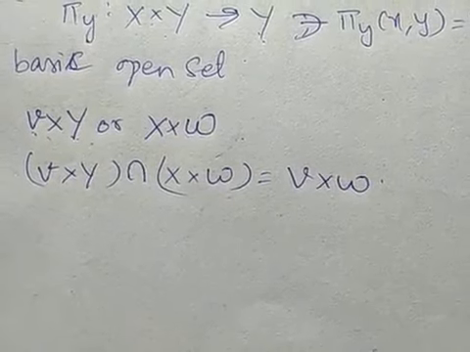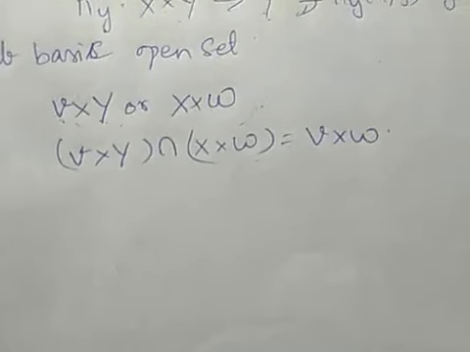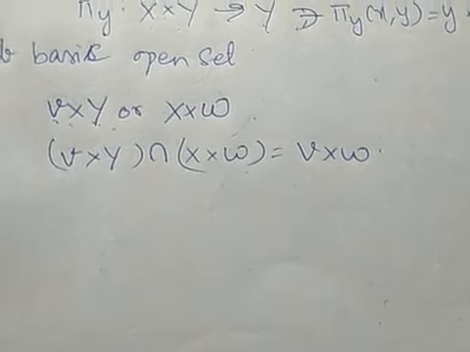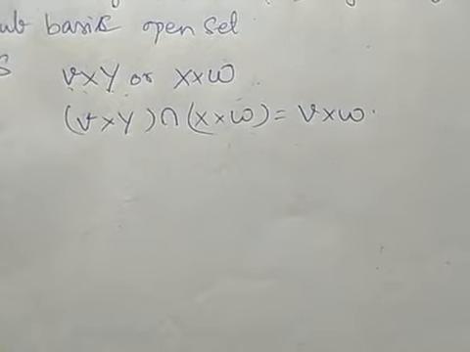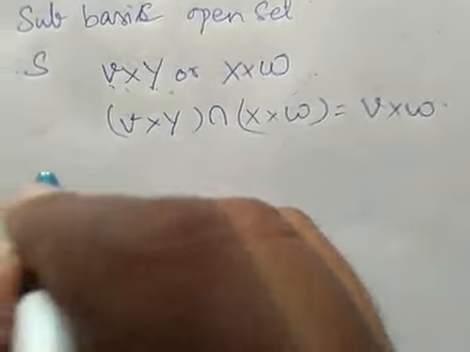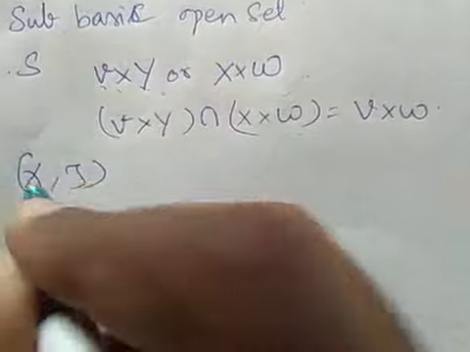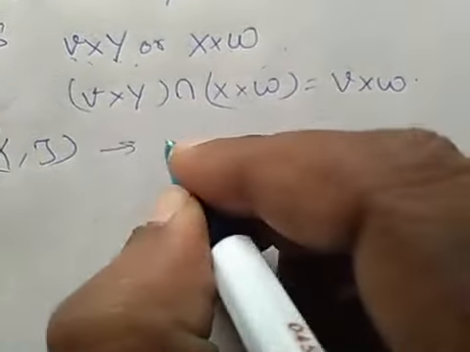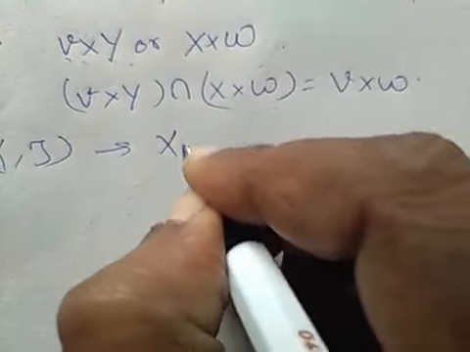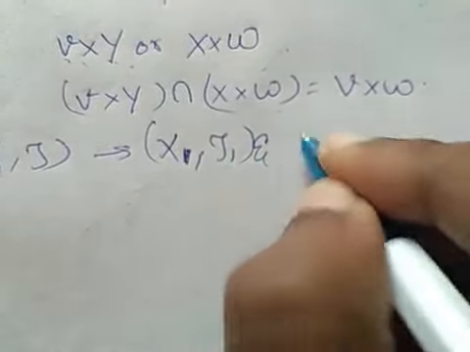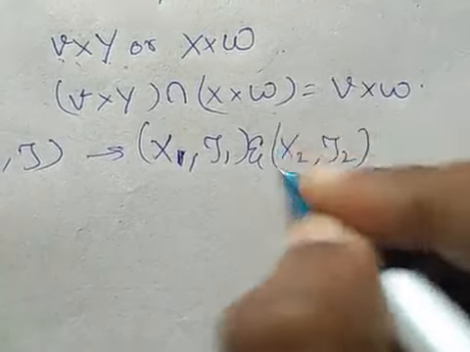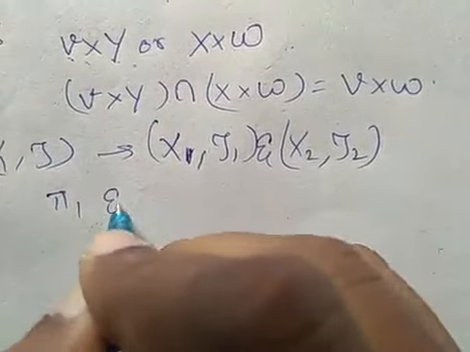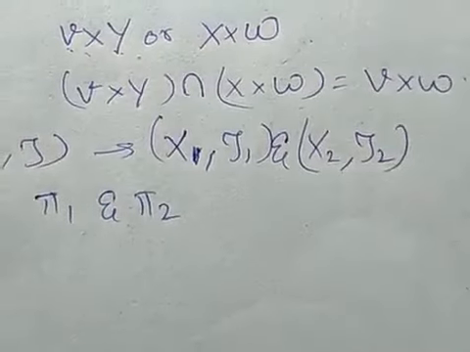Now we will prove some theorem on projection mapping. The first theorem is: if (X, tau) is the product space of the topological spaces (X1, tau 1) and (X2, tau 2), then the projection mappings phi 1 and phi 2 are continuous.